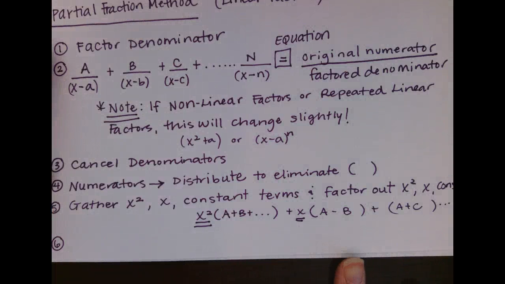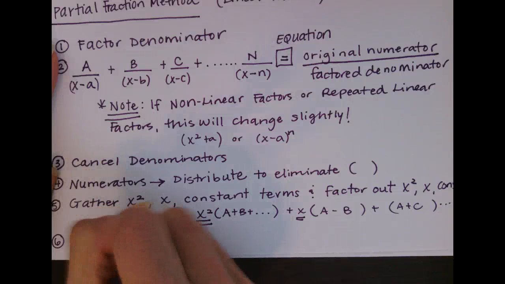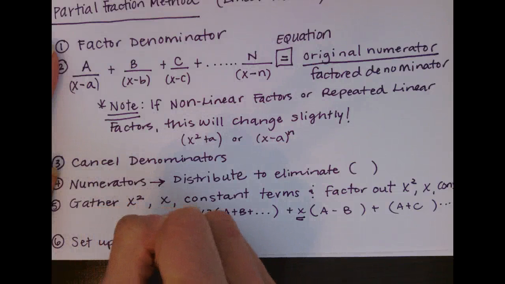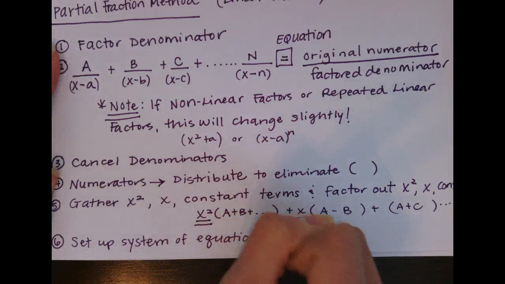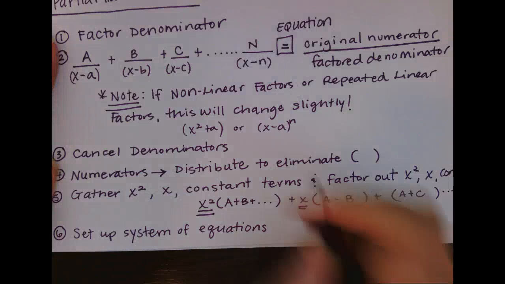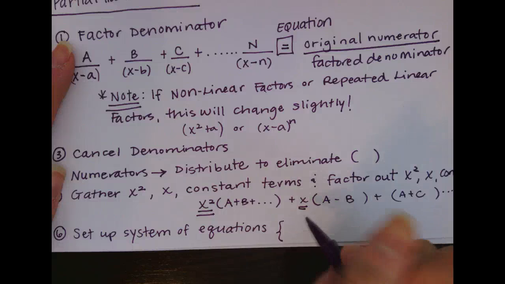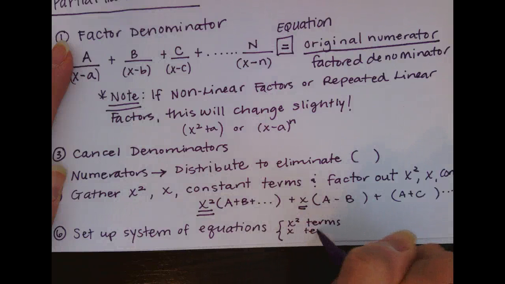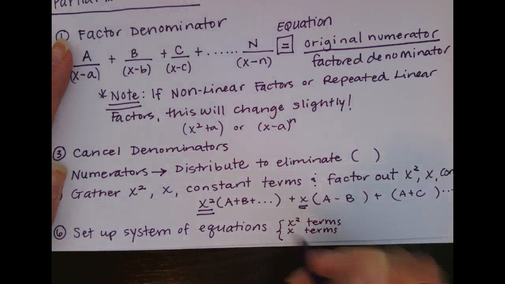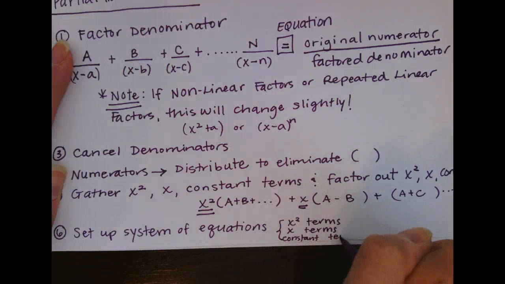Okay. From here, you're going to set up your system of equations. Your system of equations is going to consist of an equation representing the x squared terms, an equation representing the x terms, and then an equation representing the constant terms.